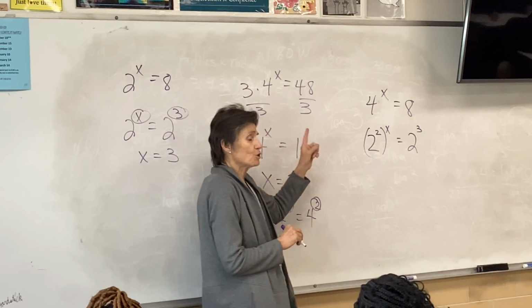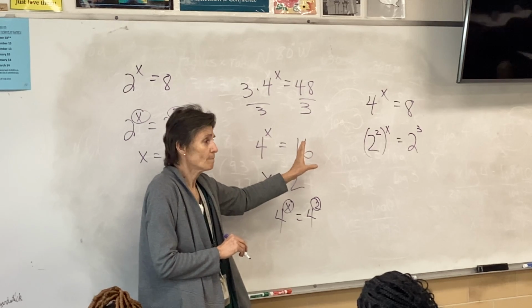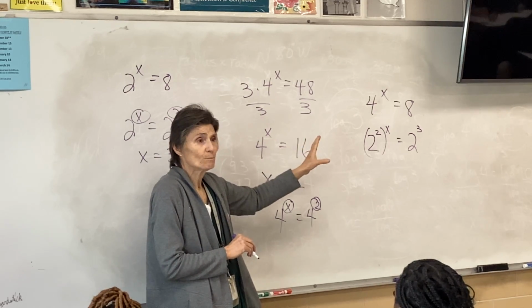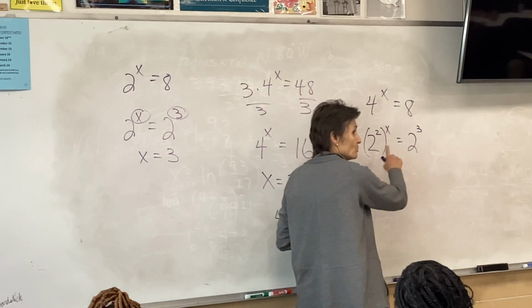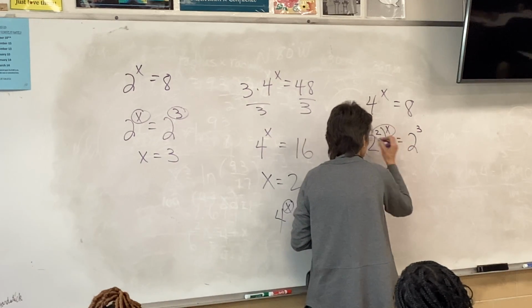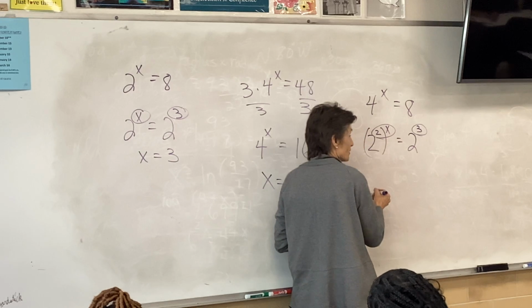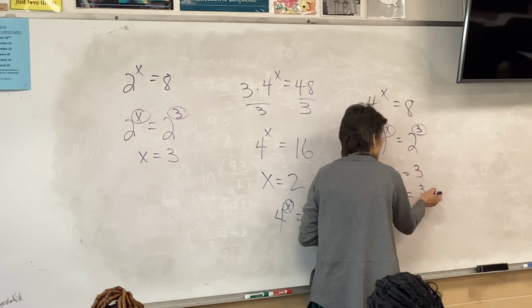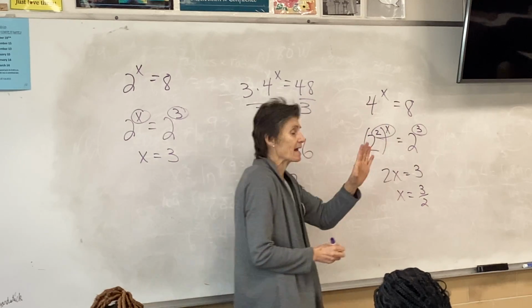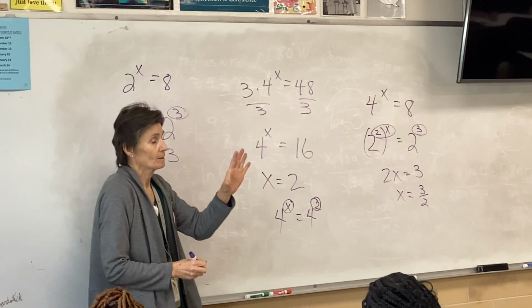Okay, so 2 squared is 4, and 2 cubed is 8. So now they're both 2's, so I can set the exponents equal to each other. So 2x equals 3, and x equals 3 halves, which is exactly what Katie said it was going to be.